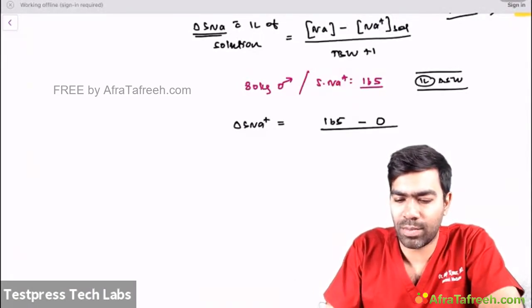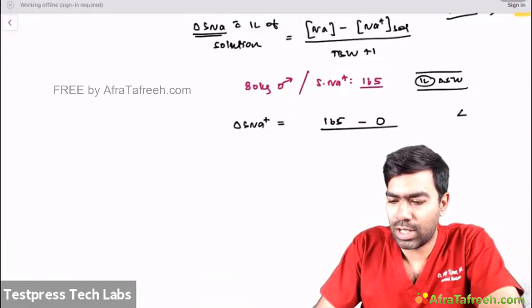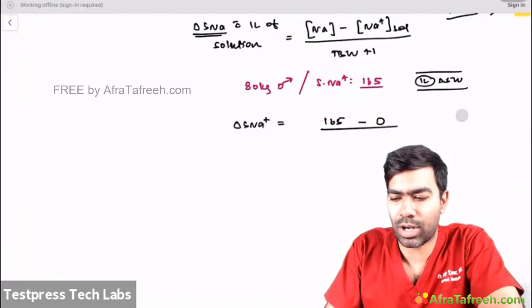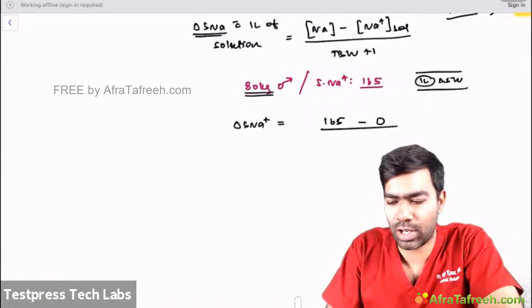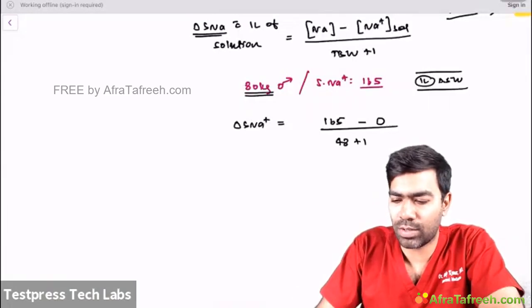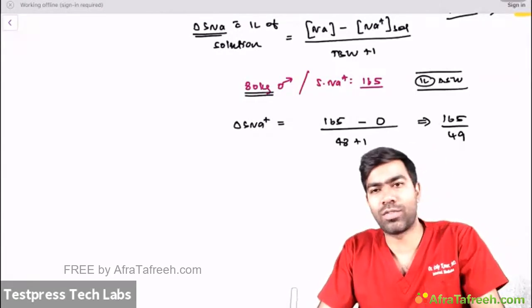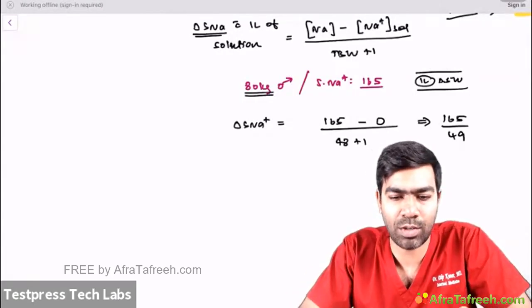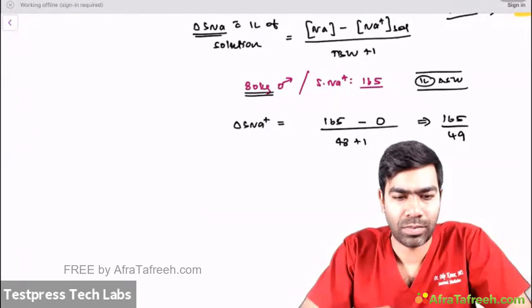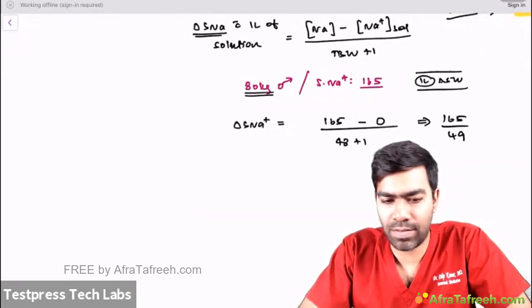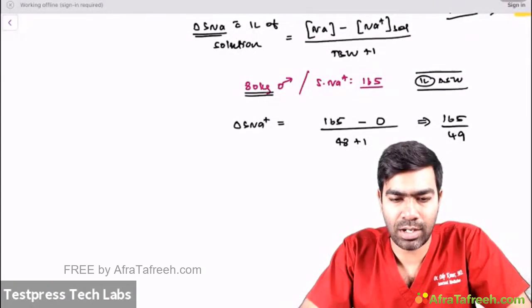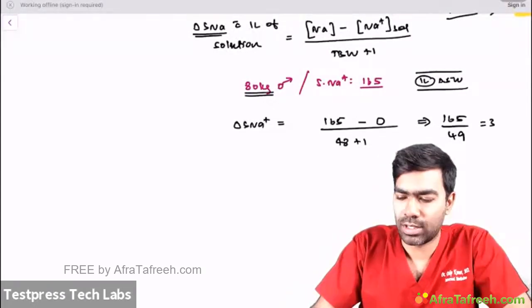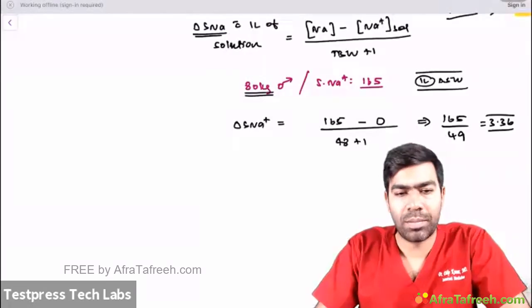Total body water here will be 48 liters, because 80 kilogram man means 80 multiplied by 0.6 is 48. So 48 plus 1 is equal to 49. So it will be 165 by 49 in this particular example. If you calculate 165 divided by 49, I think it's 3.36 milliequivalents per liter.